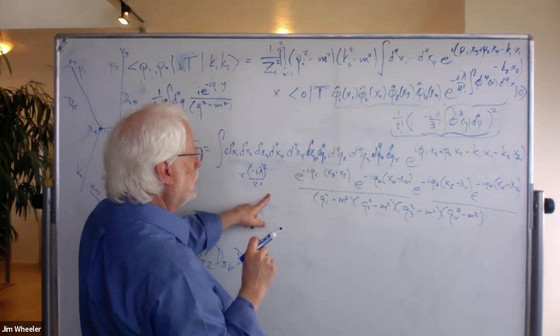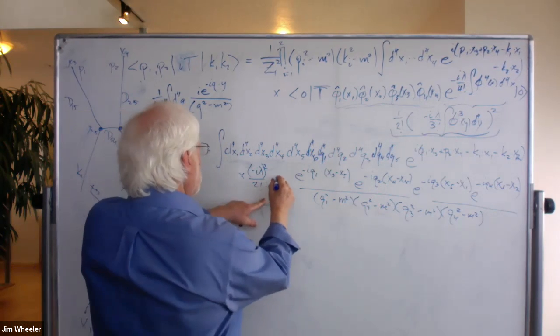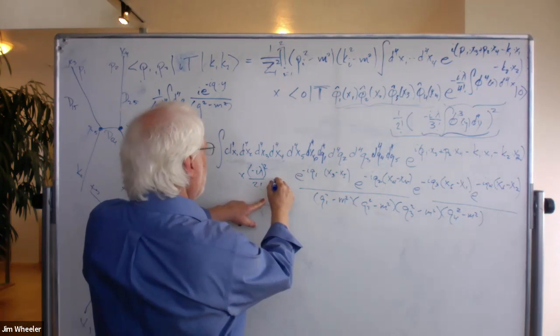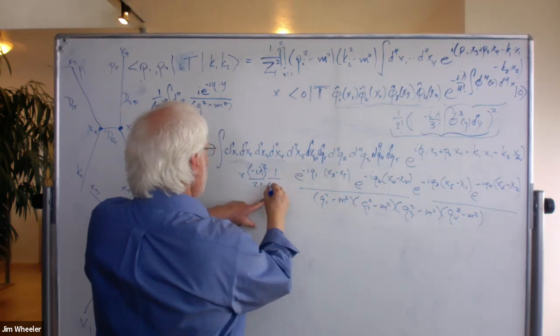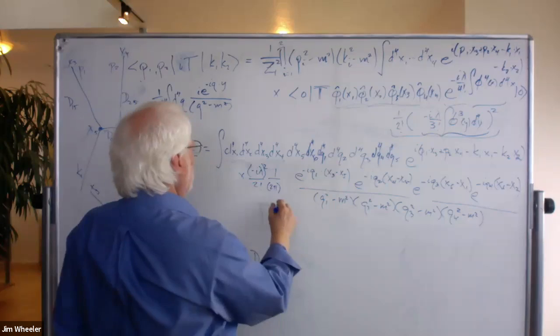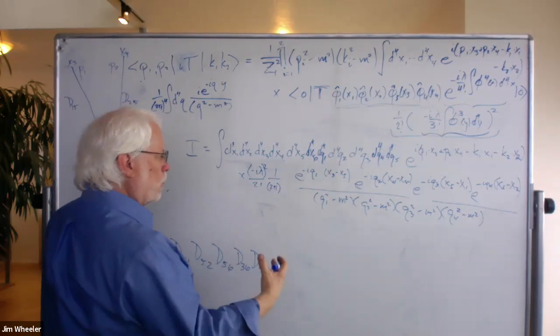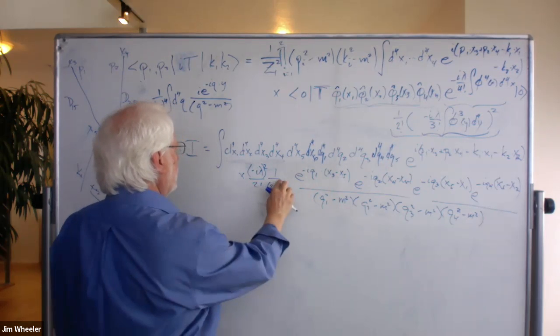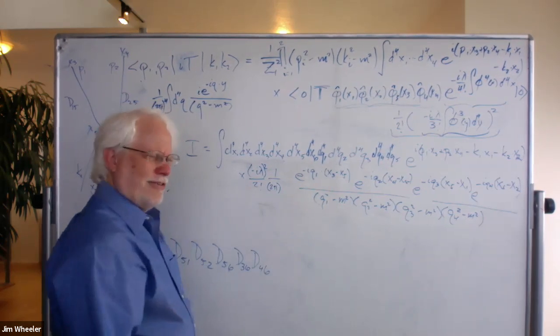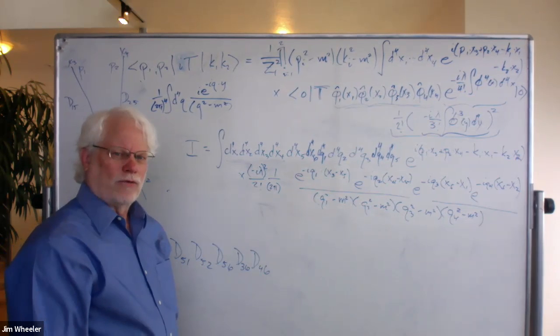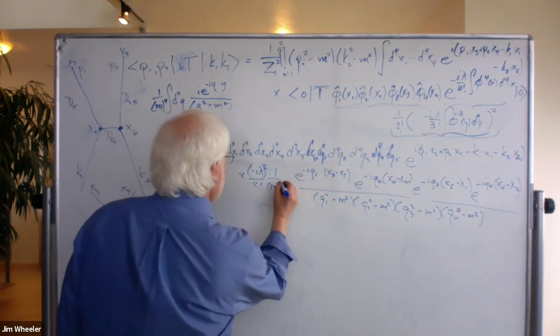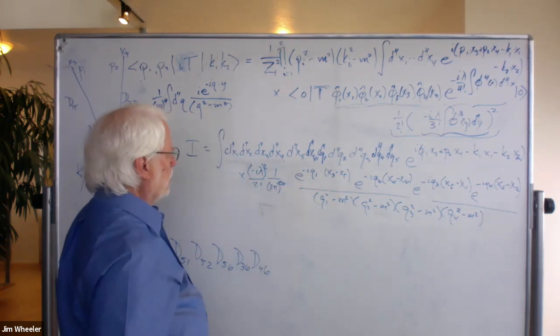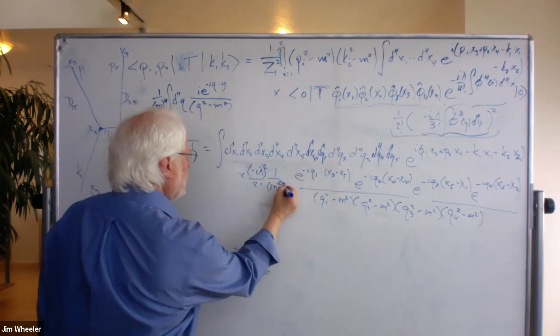Then we're going to have 1 over 2 pi to the 4th, 5 times, because we have 5 propagators. That's 2 pi to the, 4 times 5 is 20. So that's a 20.